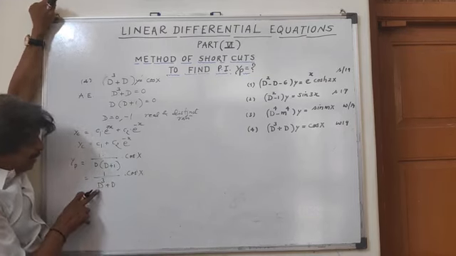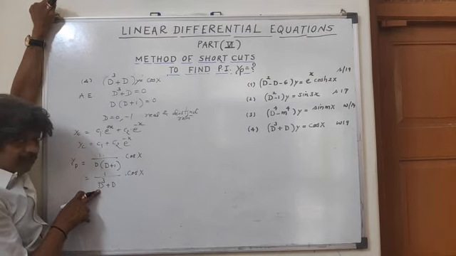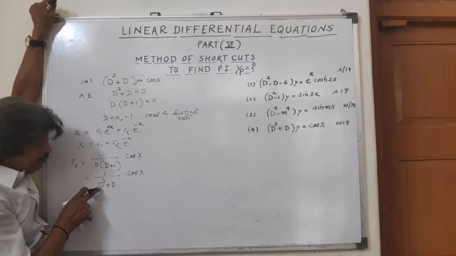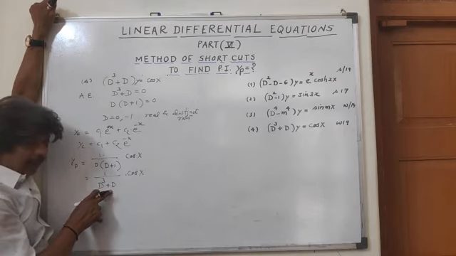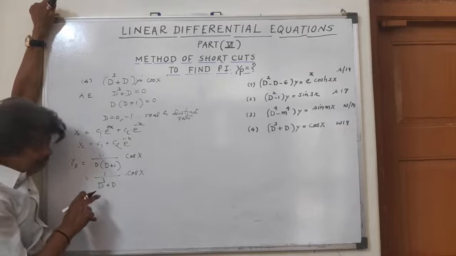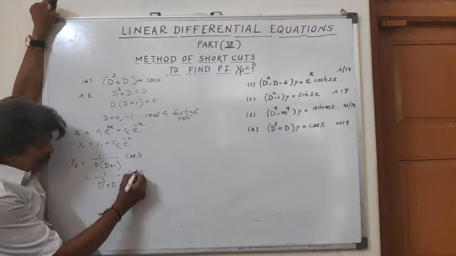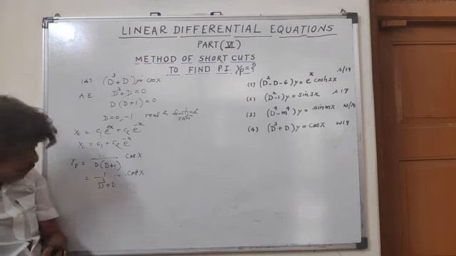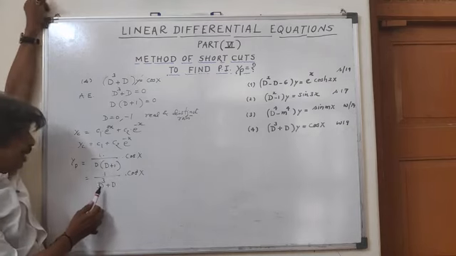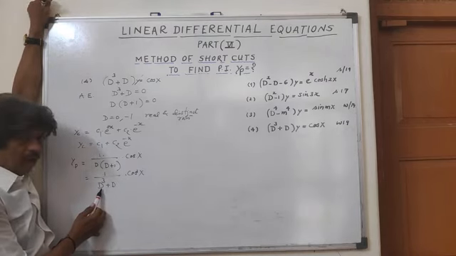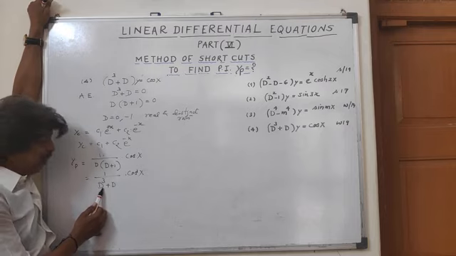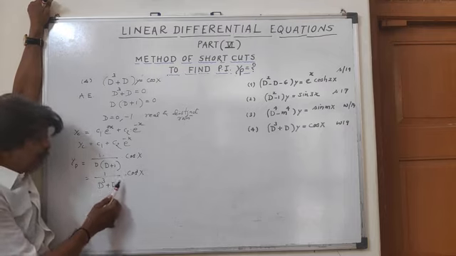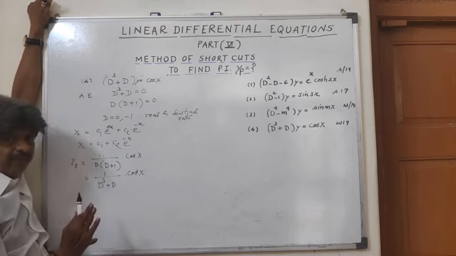If I replace the d square of this d cube by minus 1, minus 1 into d is minus d, plus d is 0. So for this trigonometric case, this is a failure case.